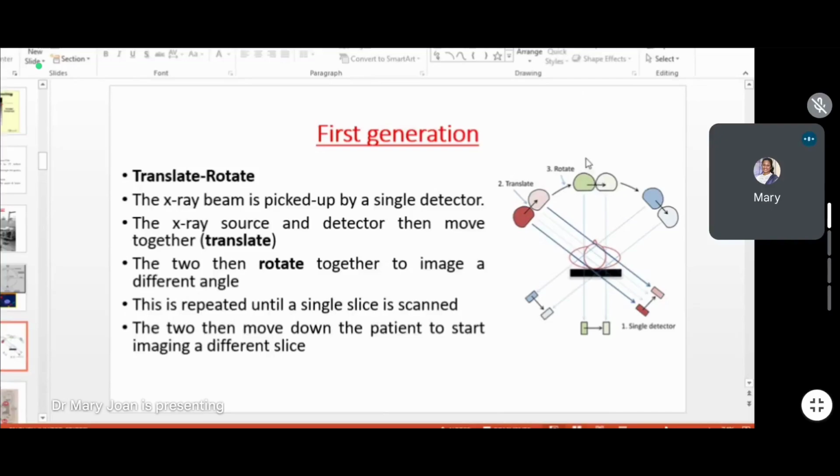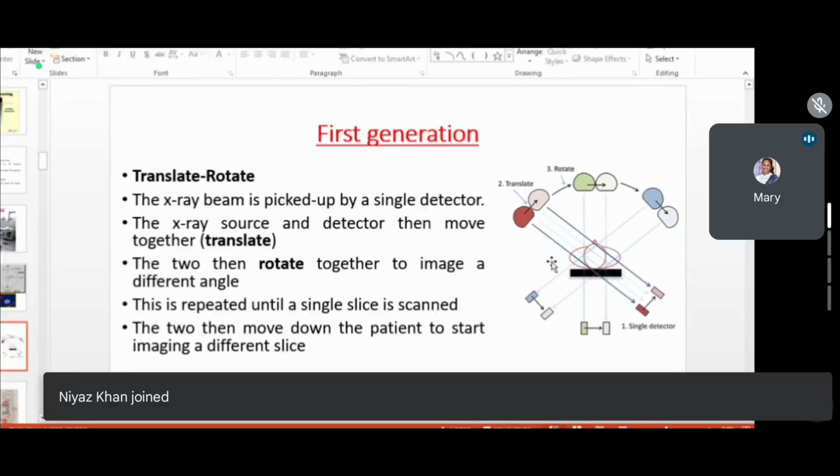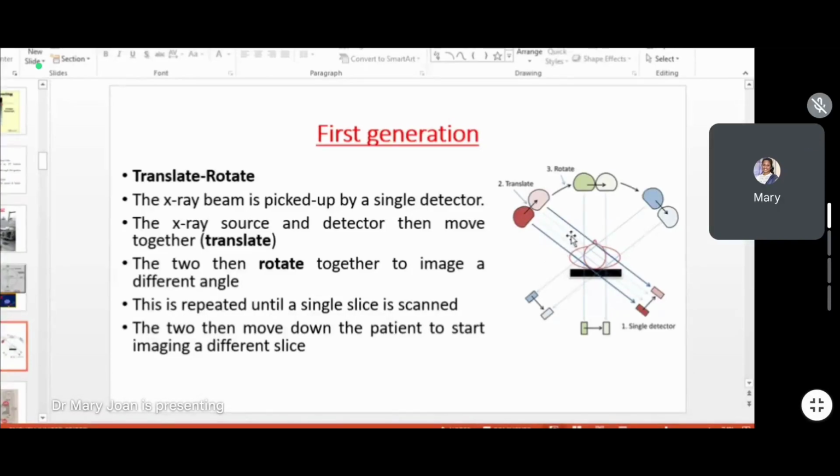So whatever X-rays are passing through one position get detected by the detector. Then the X-ray tube and the detector move together. Translational motion takes place. Then further image will be detected. And once one slice is completed, it will go on to continue to do the same.